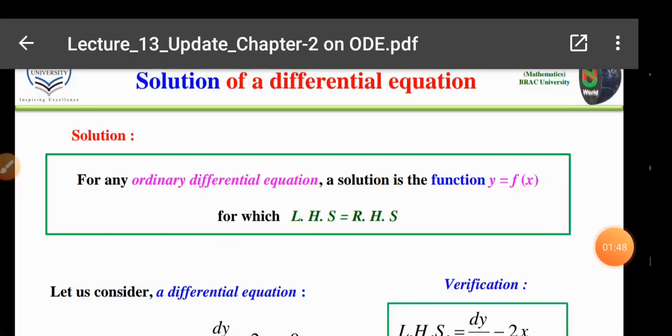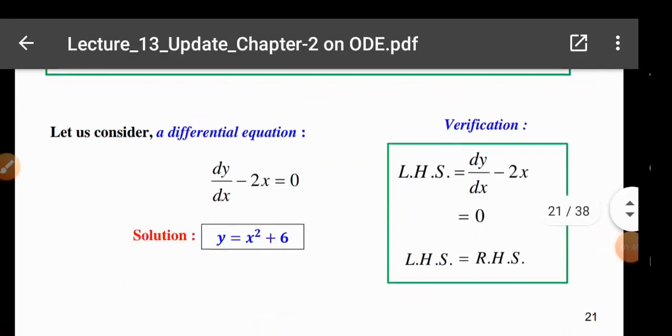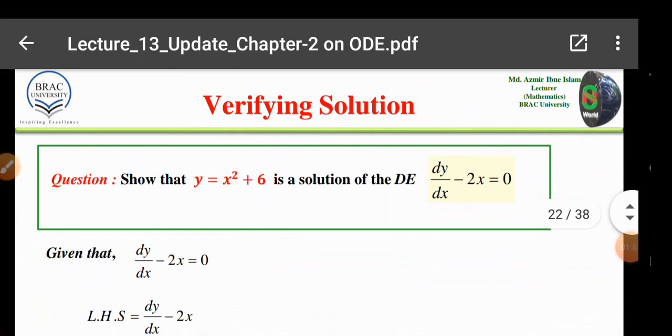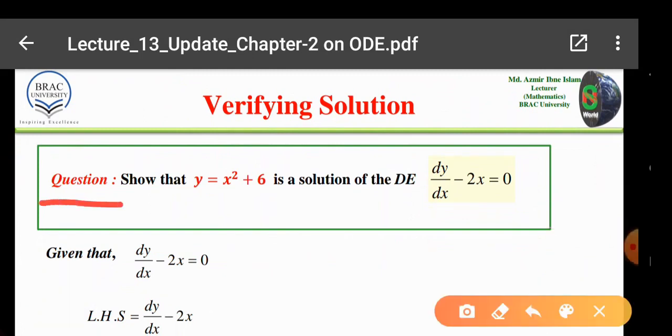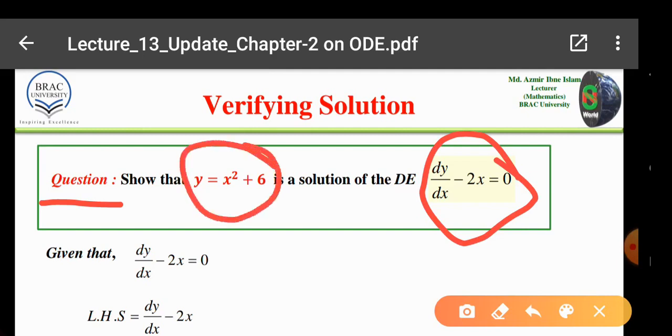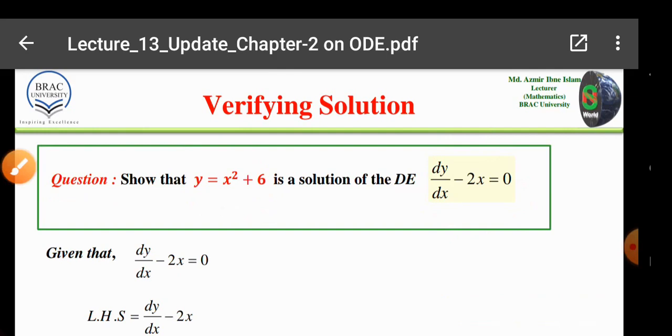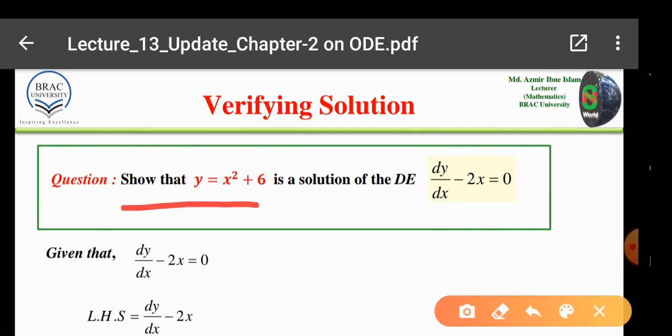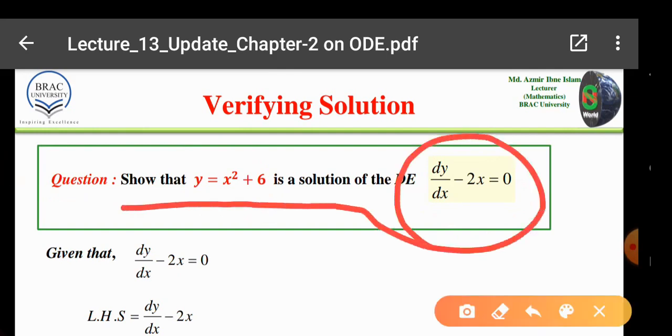You will understand this concept if you have a look at this question. So here you have a differential equation. At the same time, an unknown function y equal to x square plus 6 is given. And the question is, show that this is the solution of this differential equation.